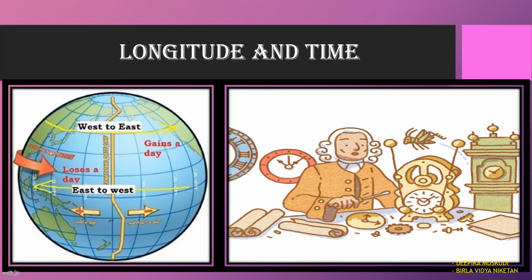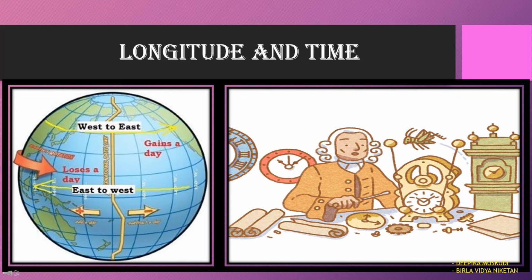Our next topic is longitude and time. The best means of measuring time is by the movement of the earth, the moon and the planets. The sun regularly rises and sets every day, and naturally it is the best timekeeper throughout the world.